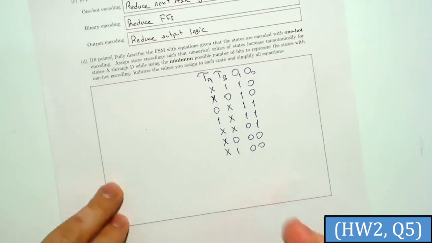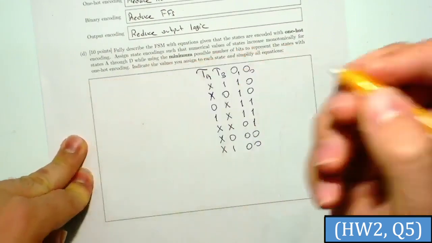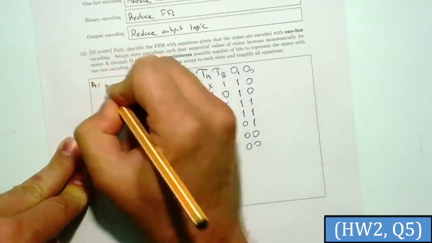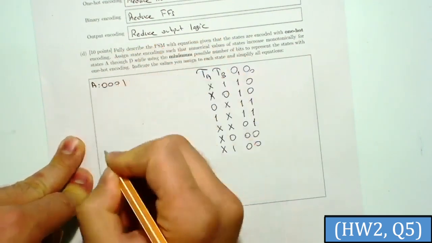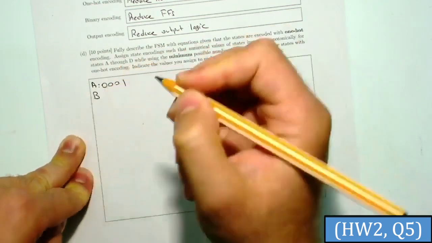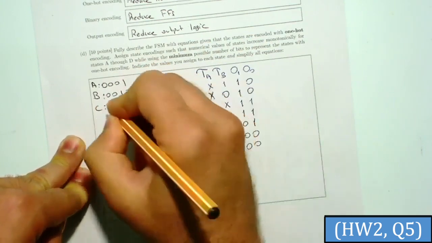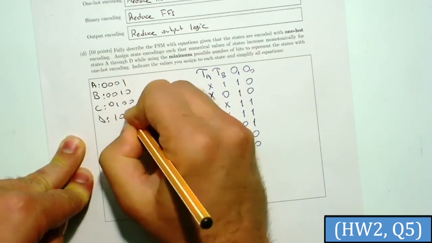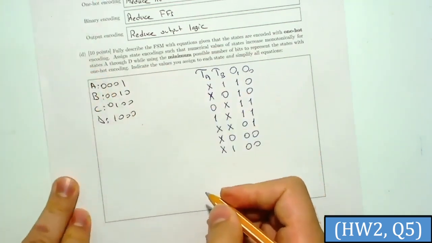For the one-hot encoding, I'm going to represent each state using a single bit. So for example, I can represent A with the least significant bit, then B, C, and D. Every state is represented by a single bit.